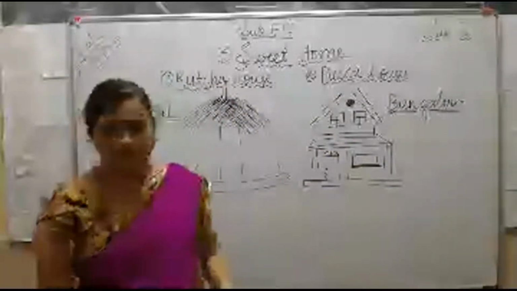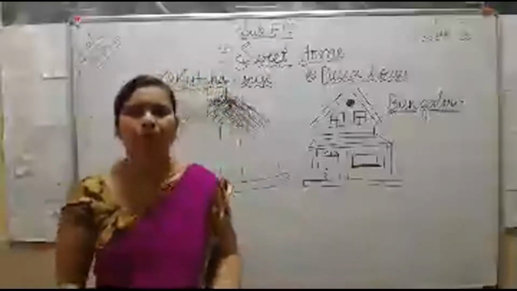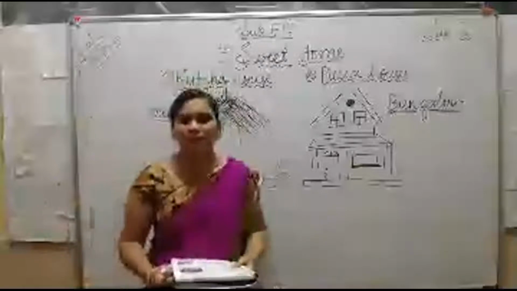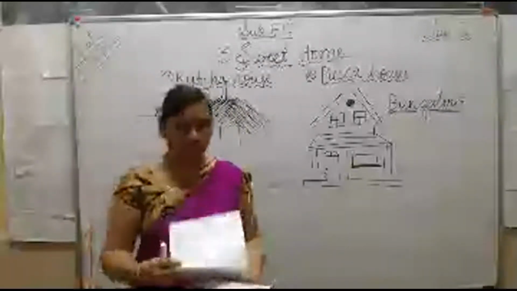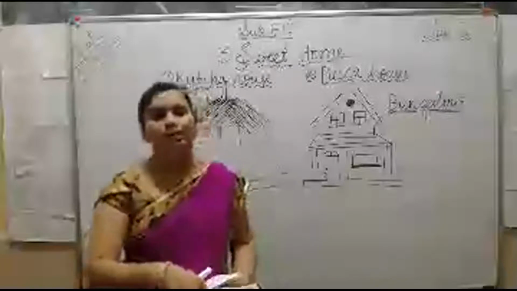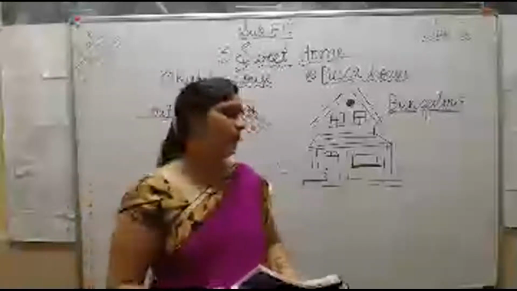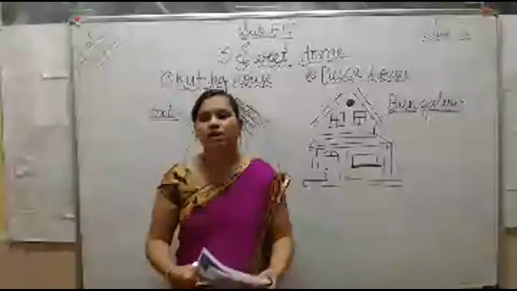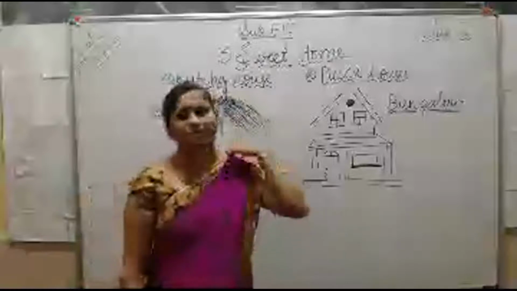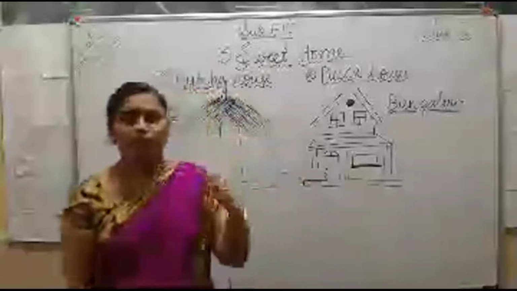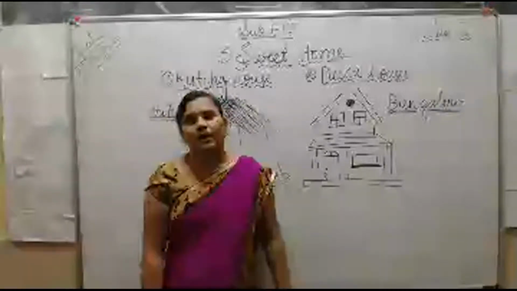Let's start the lesson. In ancient times, where did people live? Yes, they lived in caves. They moved and did not stay permanently at one place. They moved from one place to another to search for food or when the weather changed.